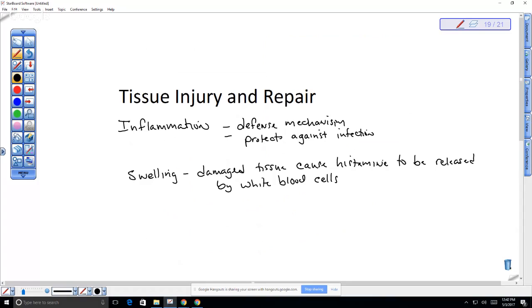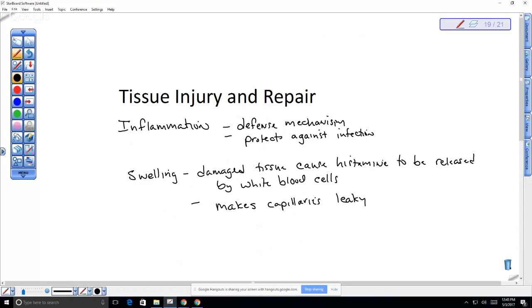Okay. And what that does is it makes the capillaries, or the very thin blood vessels, leaky. So what that means is that fluid from the capillaries moves into the tissues and it causes it to swell.